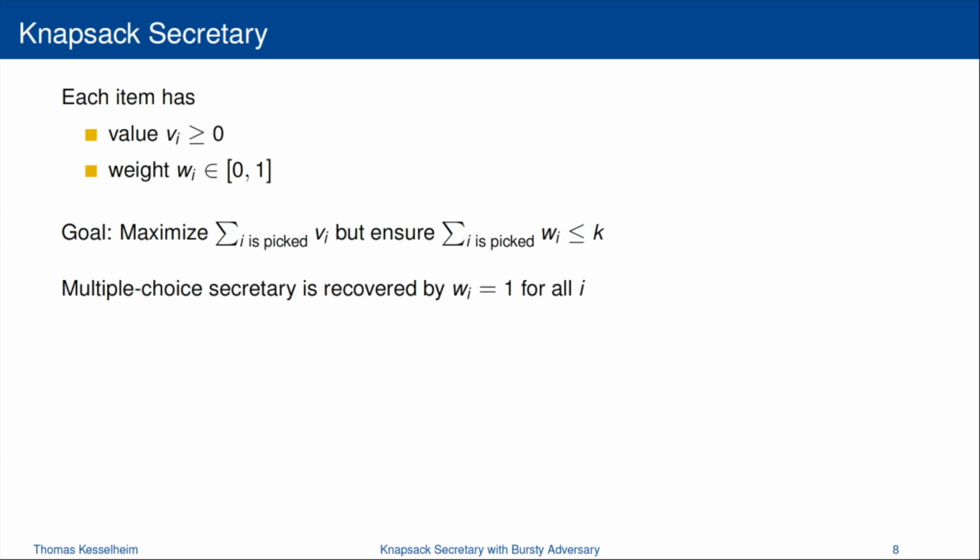Our goal is still to maximize the sum of the values of the items that we accept, but our constraint is now to ensure that the sum of the weights of the items that we accept is at most k. This is a generalization of the multiple choice secretary problem because you could recover that by setting the weights to 1 for all items, and then the constraint just means that you can accept at most k items.